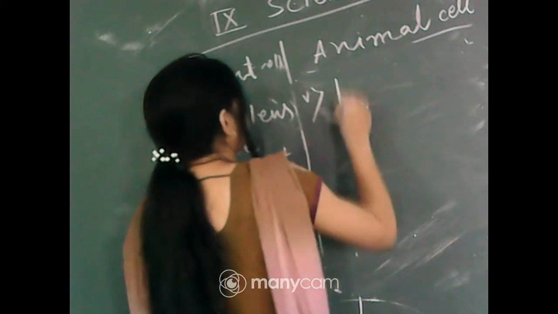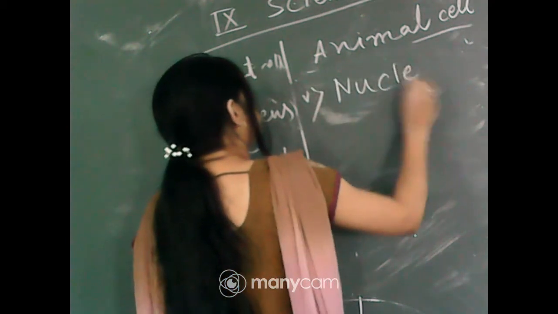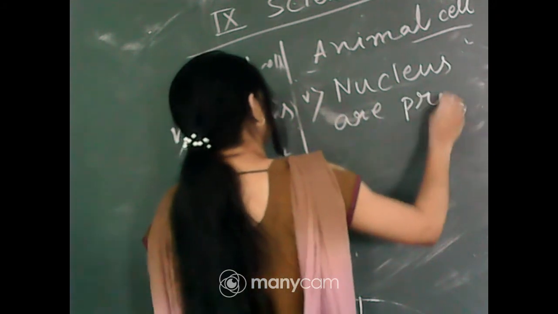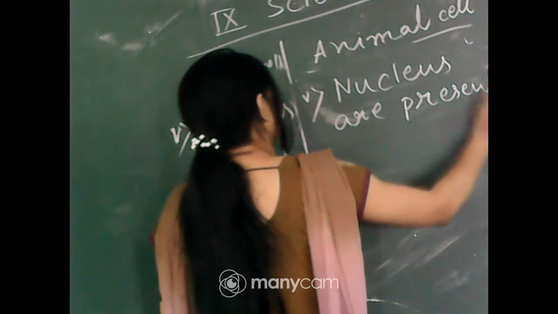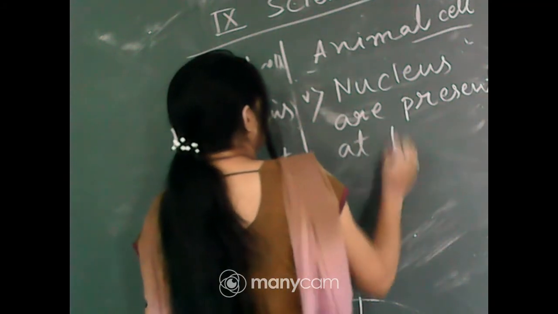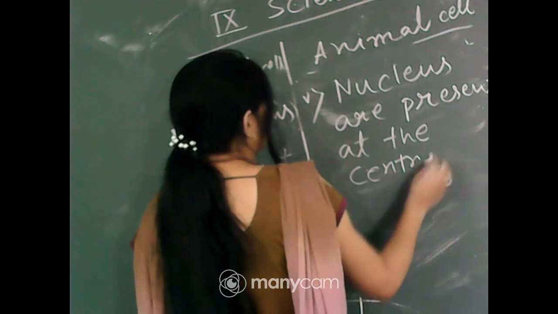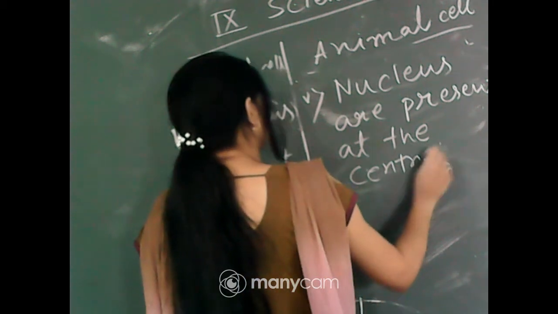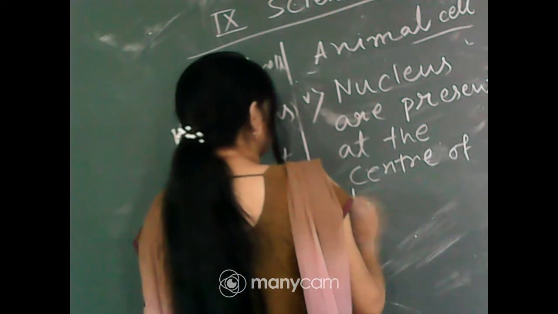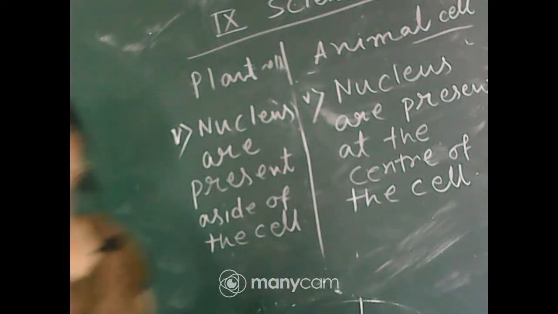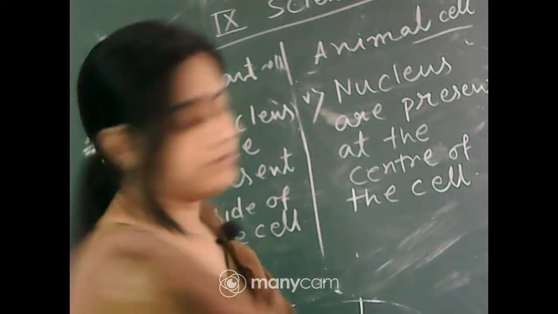Number 5, nucleus is present at the center of the cell in animal cell. So these are the differences between plant cell and animal cell. Okay. So we have completed question number 1.